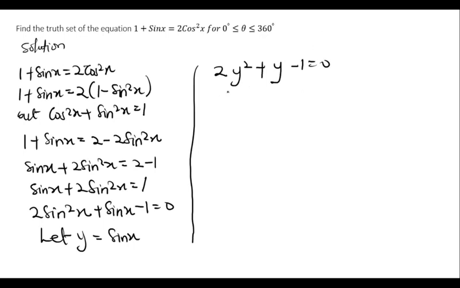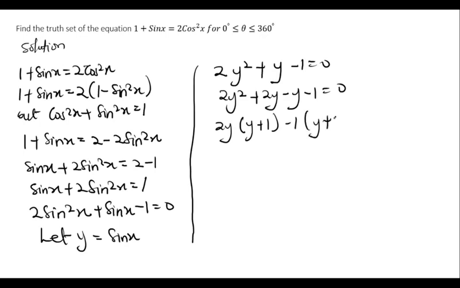So we have over here 2y squared plus 2y minus y minus 1 is equal to 0. So we factor this out. We have 2y into bracket y plus 1, then minus 1 into bracket y plus 1 is equal to 0. So we have 2y minus 1, then y plus 1 is equal to 0.